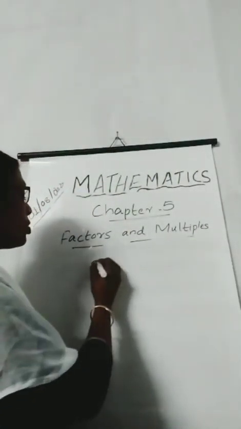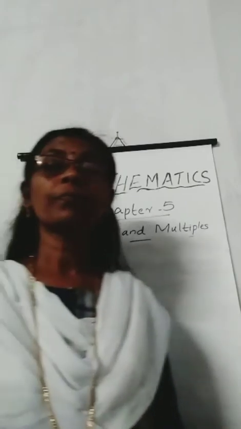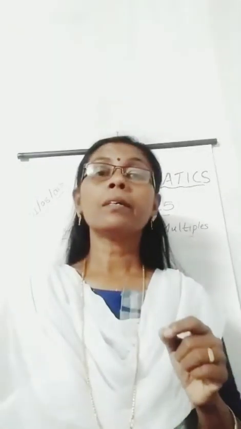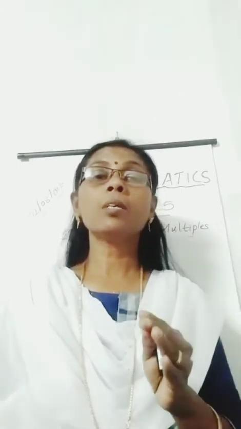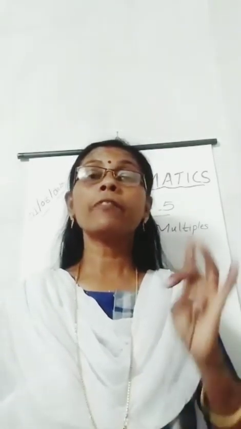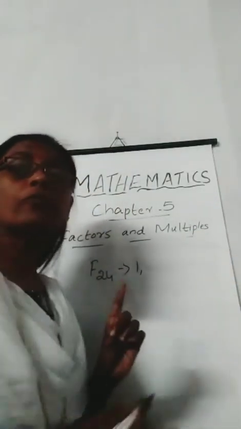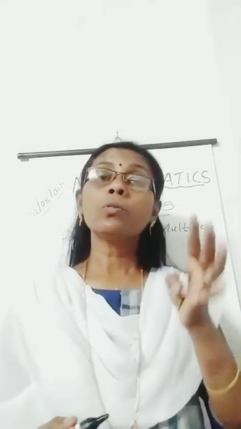So when you write the factors of 24, how will you write them? You will recall the multiplication table in a sequence beginning from 1. 1 into which number is 24? 1 into 24 gives 24.